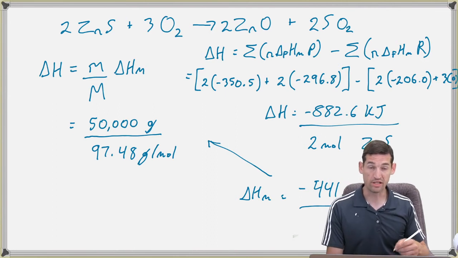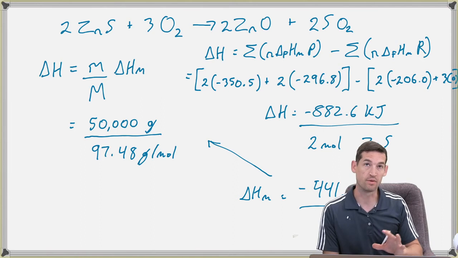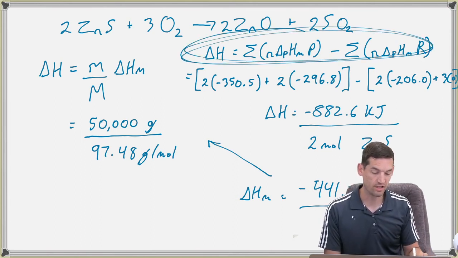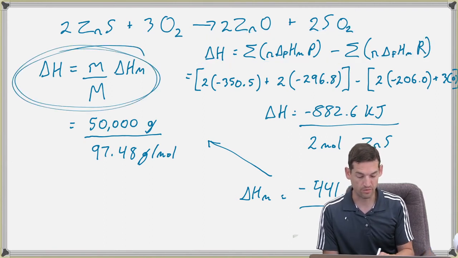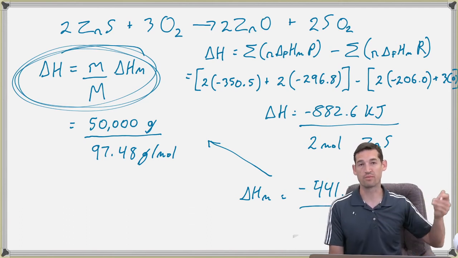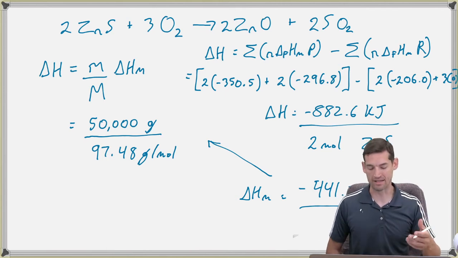Now remember over here though, let me back up. Remember that in Hess's law, this formula, we put in those negative values. When you do this formula, you don't. Because if you're solving for mass or for something else, those negatives will mess you up. But you may have to put it back in at the end.